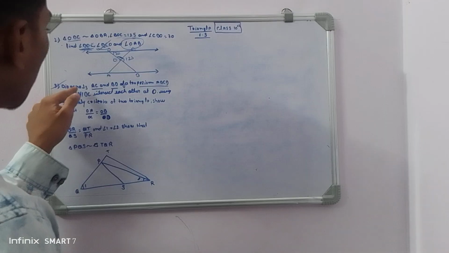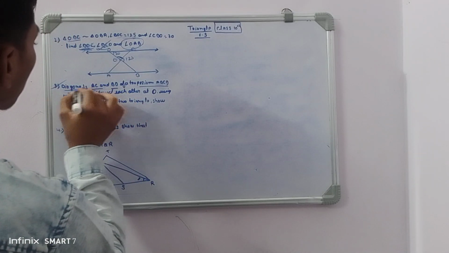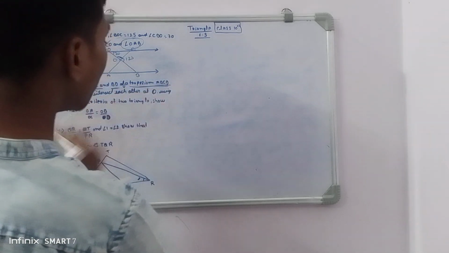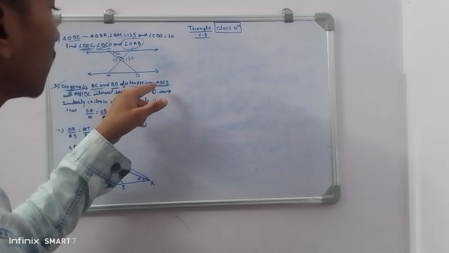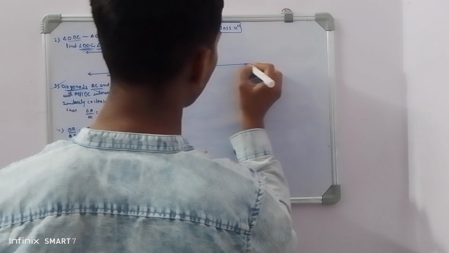So we have diagonals AC and BD of a trapezium ABCD. We are given that ABCD is a trapezium, so now make a figure.